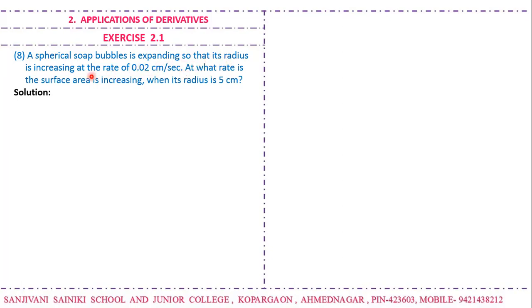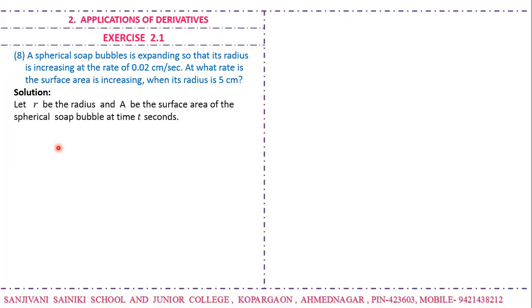A spherical soap bubble is expanding so that its radius is increasing at the rate of 0.02 centimeter per second. At what rate is the surface area increasing when its radius is 5 centimeter? Let r be the radius and A be the surface area of the spherical soap bubble at time t seconds.